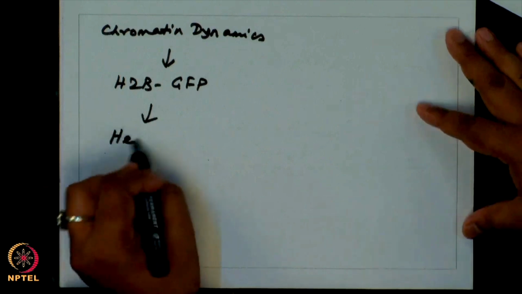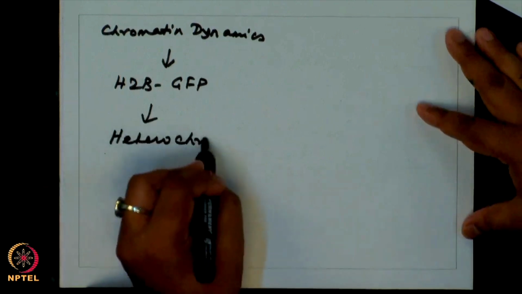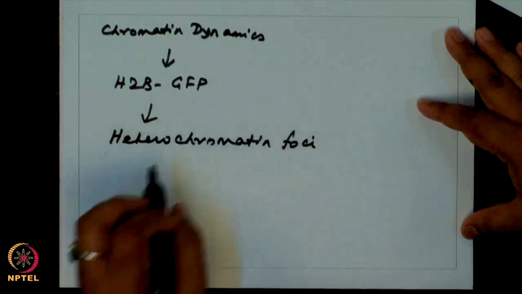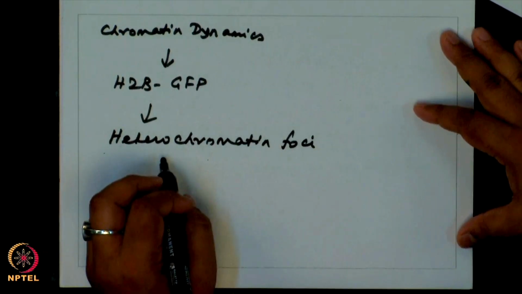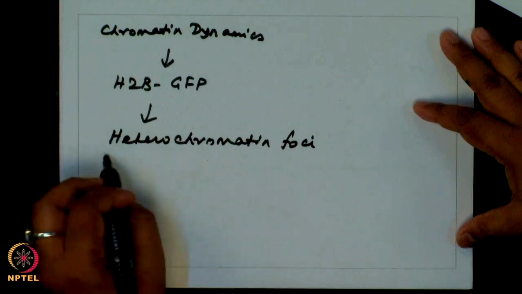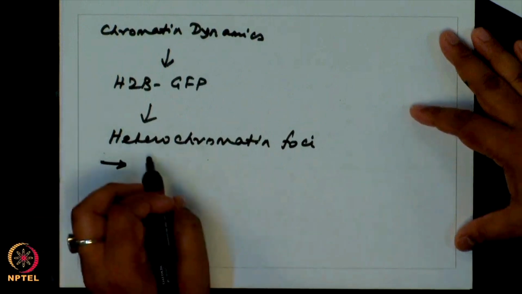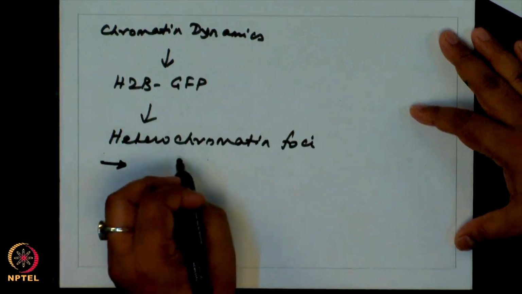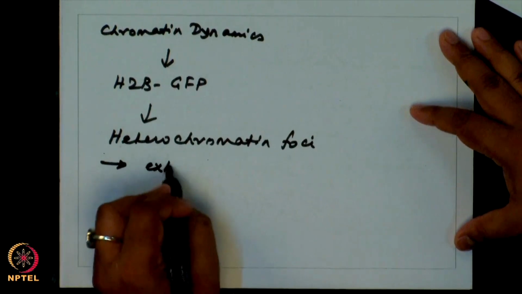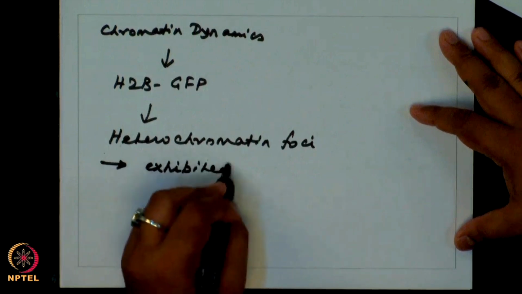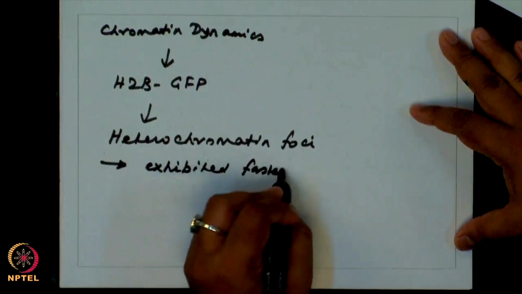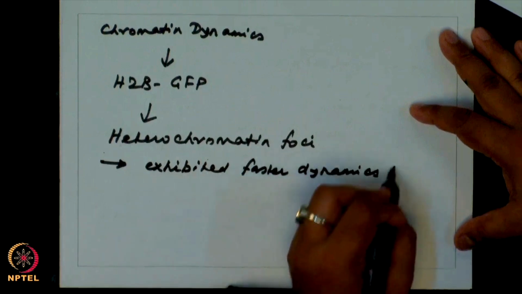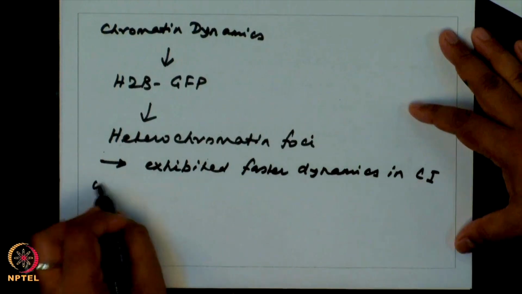They tracked the heterochromatin foci within the nuclei, and what they found in these kymographs was that the heterochromatin foci exhibited faster dynamics in CI compared to LP.